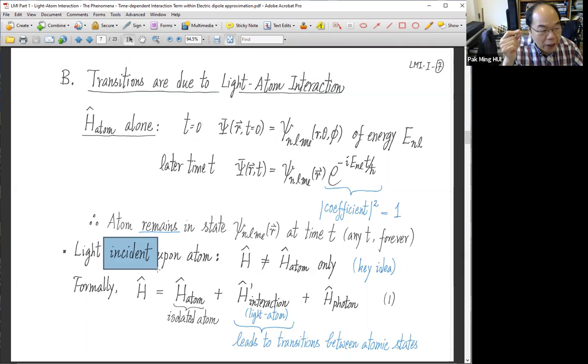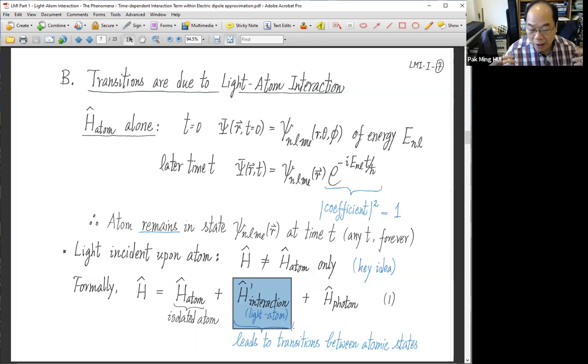This is the first take-home message. Formally, the Hamiltonian becomes, we have the atom part, of course, then we have the light-atom interaction part. So this will serve as our perturbation term. So we have an additional term.